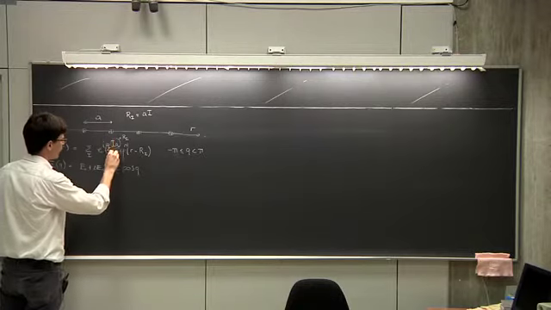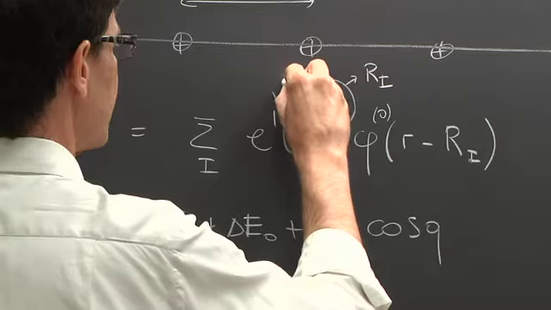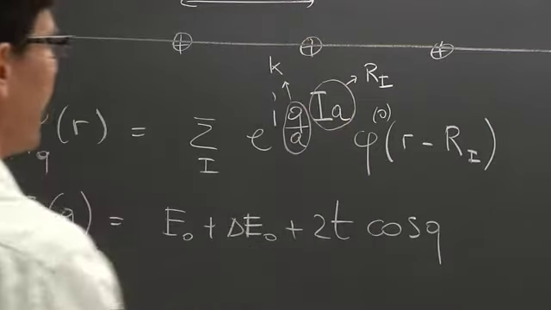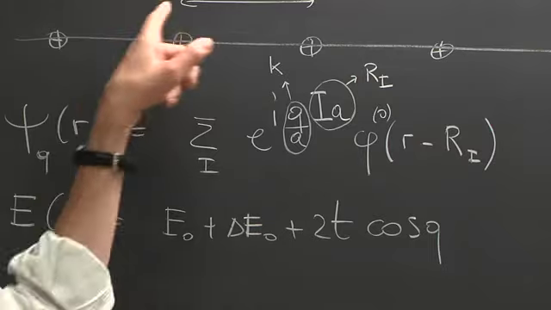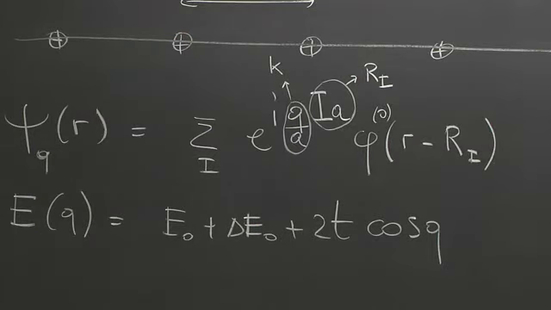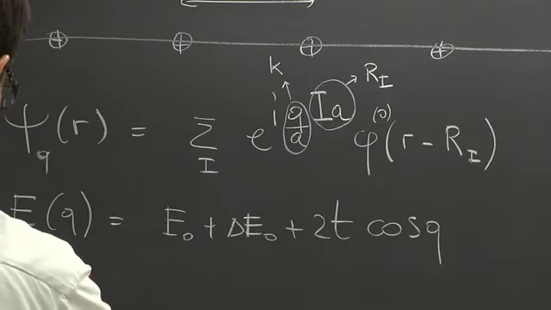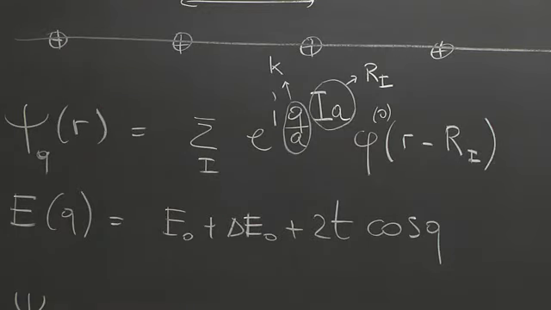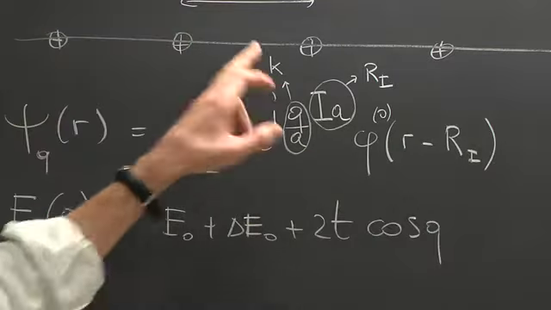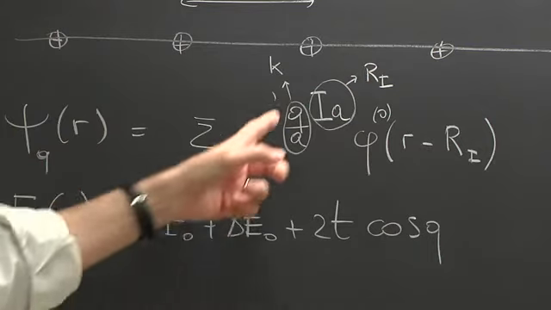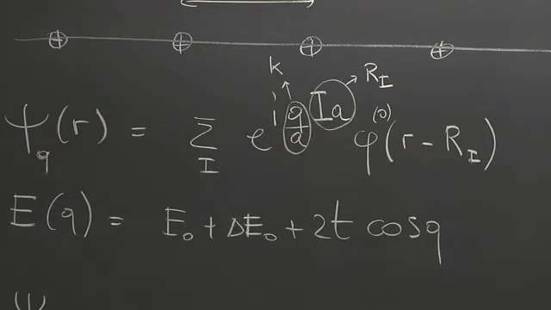And let me now call this object here, instead of Q, K. A is a constant, the distance between the atoms. So instead of labeling the solutions by the number Q, I'm going to label them according to this number K. It's the same, just scaled by a factor of A.